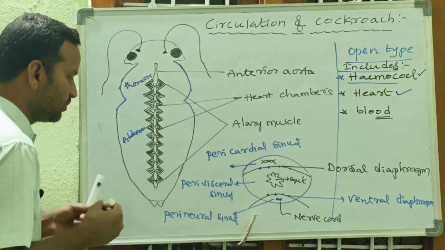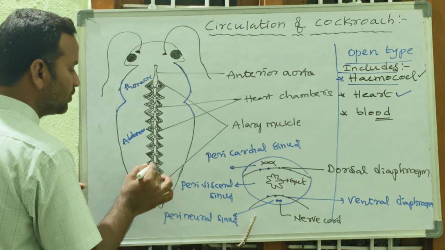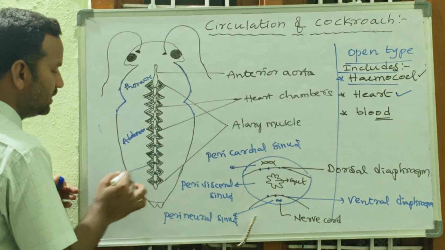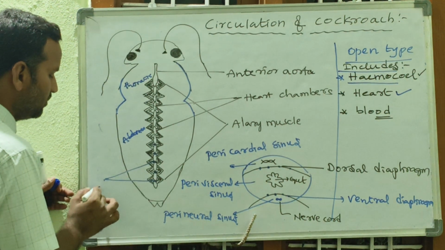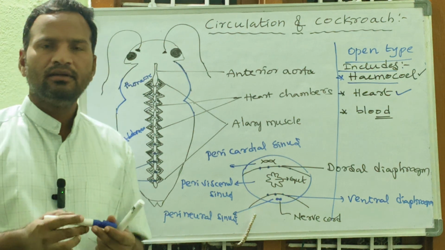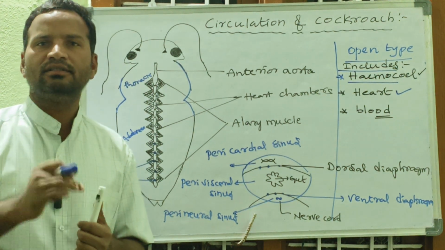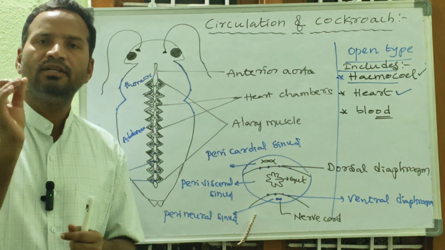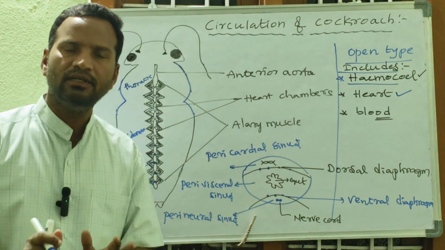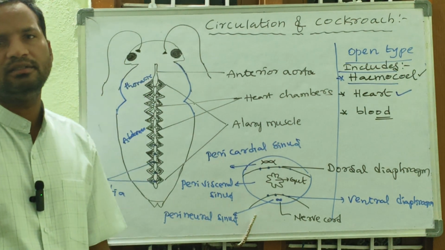Valvular pores mean a pair of small pores called ostia. These ostia contain valves. That's why blood always flows from posterior to anterior only, due to the presence of valves in the ostia.